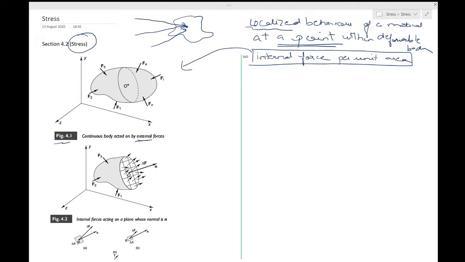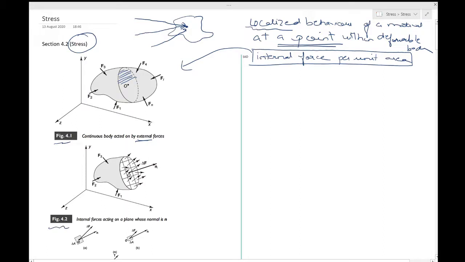And what we do is pass a plane whose normal vector is n. So this is the plane, and the normal vector of this plane is n. Please look at figure 4.2.